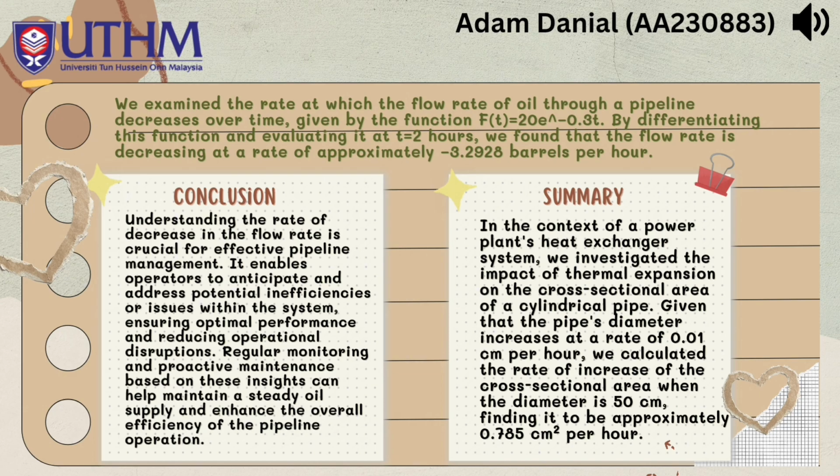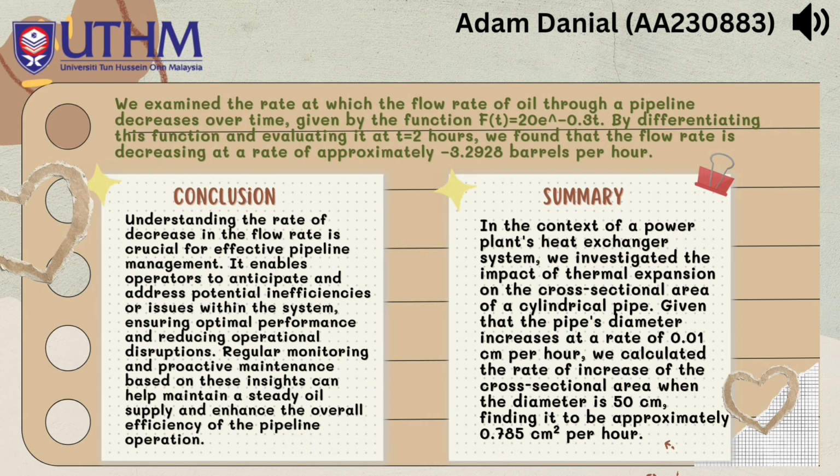For the summary, in the context of the power plant's heat exchanger system, we investigated the impact of thermal expansion on the cross-sectional area of a cylindrical pipe, given that the pipe's diameter increased at a rate of 0.01 cm per hour.